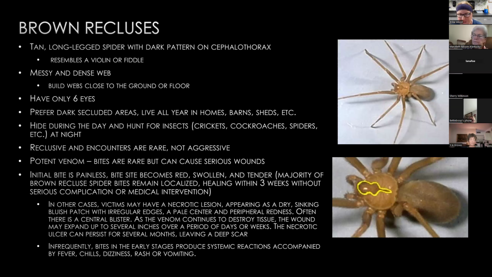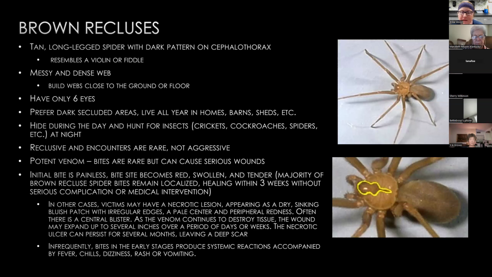So what happens is, worst case scenario, you're bitten and you're sensitive to the spider bite. What could happen? That bite will go beyond that redness and swelling. You may see a necrotic or brown lesion occurring. A lot of times it sinks in and it's very irregular in shape, okay? It will form a little central blister within it.